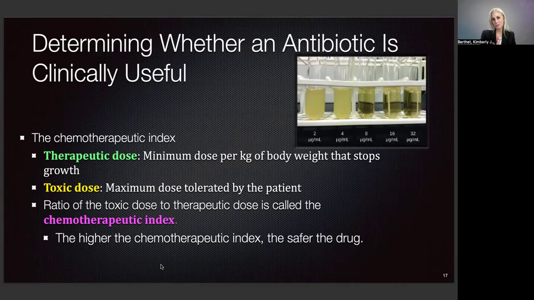And when they're so close to one another, we see that the additive benefit of the antibiotic may actually come with additional problems because the toxic dose is so close. So it's essentially toxic to take the antibiotic. So many antibiotics never make it to market because their toxic dose is too high compared to the therapeutic dose.